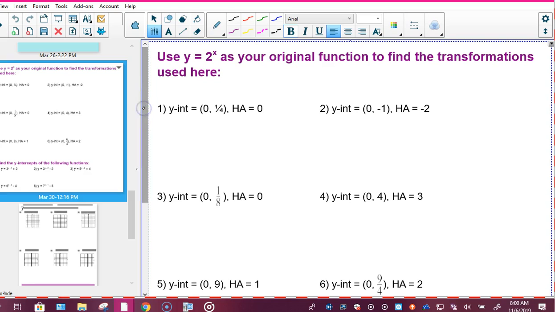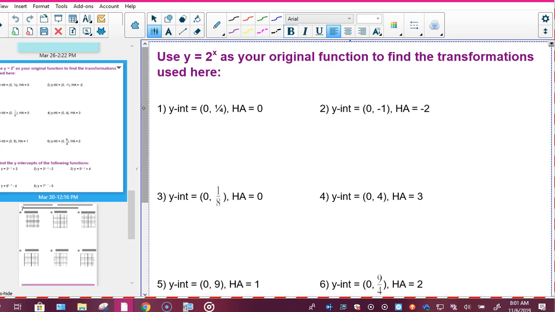So here you are asked to find your transformations. What happened to get this? We have a horizontal asymptote in number 2. That means what? The horizontal asymptote is determined by what, if you're looking back at your graphs?